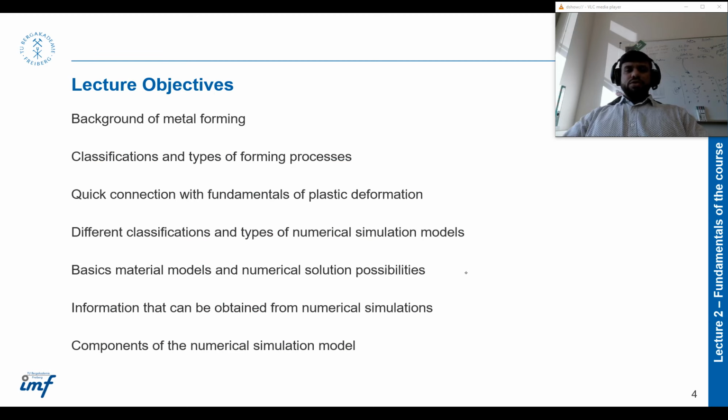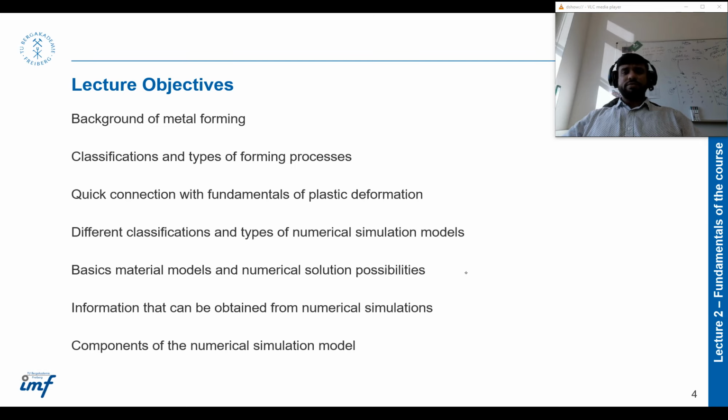Okay, so the lecture objectives for today will be to quickly go through the background of metal forming and then the classification and types of forming processes. The manufacturing processes are quite many, and here in this subject, specifically in the specialization of metal forming, we are dealing with a very narrow niche of processes.